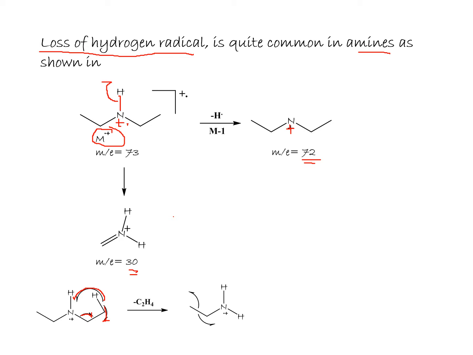Nitrogen has 2 hydrogens. Now we eliminate a CH3 radical, we end up with the ion at 30. This ion is stable again via resonance.